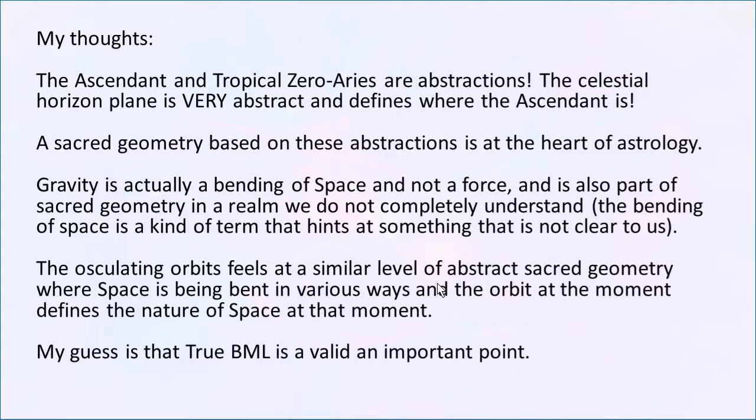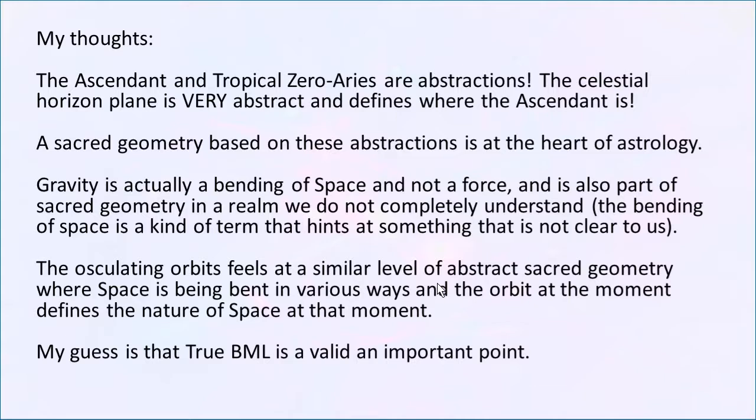And we're looking at the osculating path of the planets and of the moon as the end result of the changing of the nature of space, that the structures in space, the design of space is changing, and the osculating orbit is showing how gravity is changing and bending space and creating the free-flowing movement of a planet. So it all fits together.